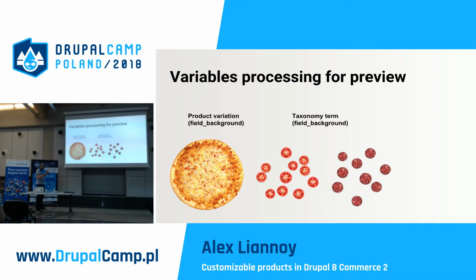In case you want, probably everybody, you are not hungry now, I can continue this. The main idea of a builder here is that in a variation you have a field background for a pizza base. You have a taxonomy term with toppings, and each one contains a field background with these toppings.